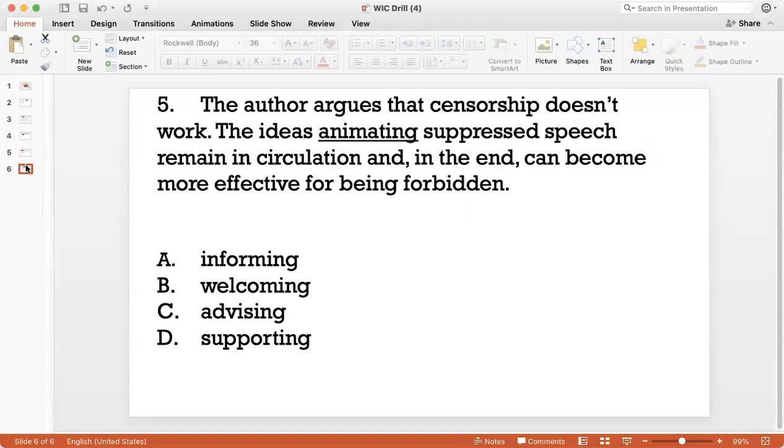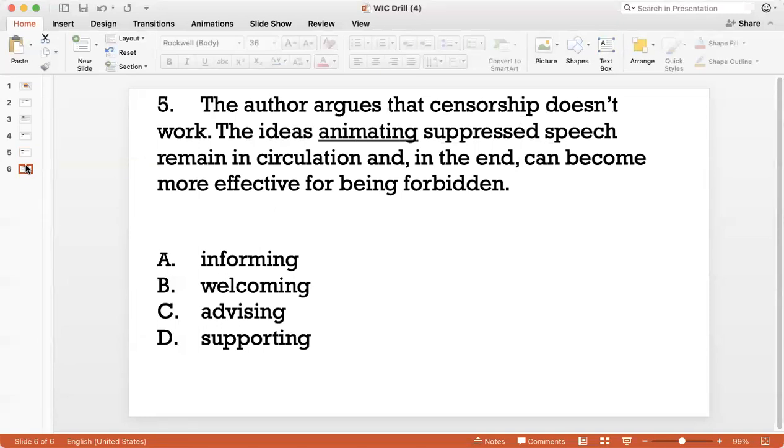Question 5. The author argues that censorship does not work. The ideas animating suppressed speech remain in circulation, and in the end can become more effective for being forbidden. The speaker is talking about an author who says that censorship of any idea, censorship of any speech doesn't really work, because if you suppress speech, then you only suppress the speech.